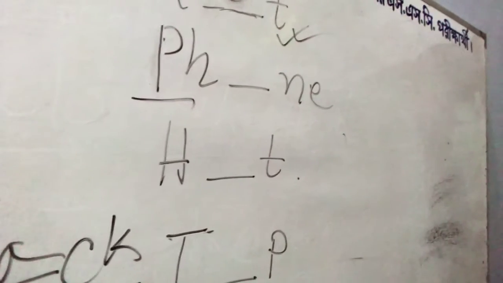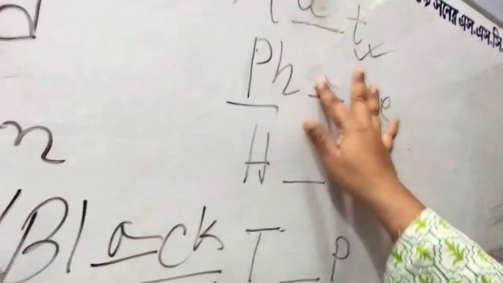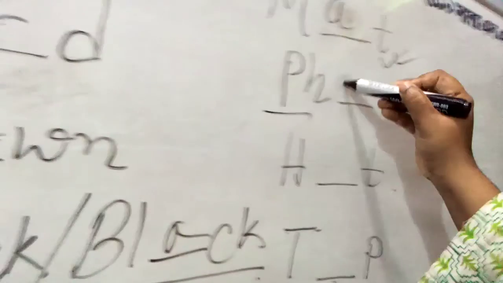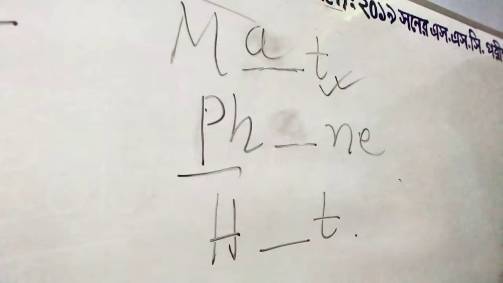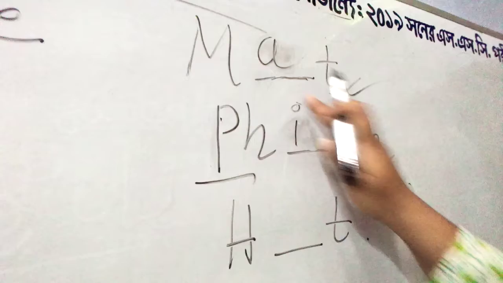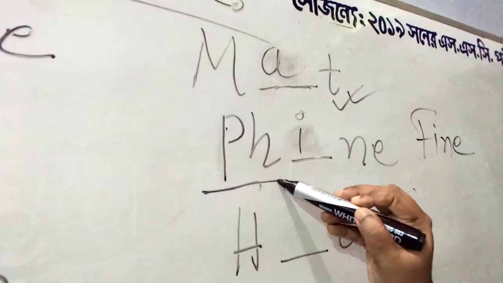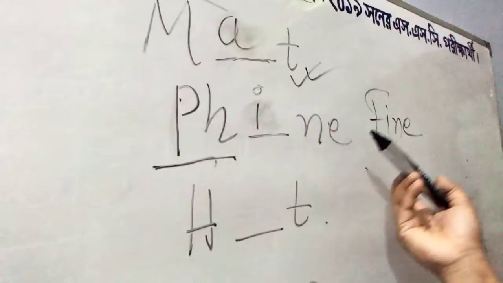Okay, so P, H, dash, N, E. If I put U, does it make any sense? No, it doesn't make any sense. But if I put E, Fanny, is there any word like Fanny? No, at least I have never seen such a word. If I put I, fine, no, we heard fine, F-I-N-E, but we didn't hear P-H-I-N-E.